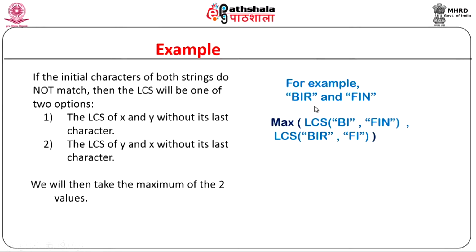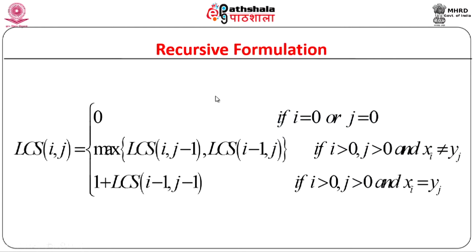For example, if you take two strings BIR and FIN, you see the last characters do not match, therefore it becomes the LCS of BI and FIN or the LCS of BIR and FI. So, we are going to take the maximum of these two values and then enter it. In this case the removal can be of either the first character or the last character, both are right, but consistency has to be maintained.